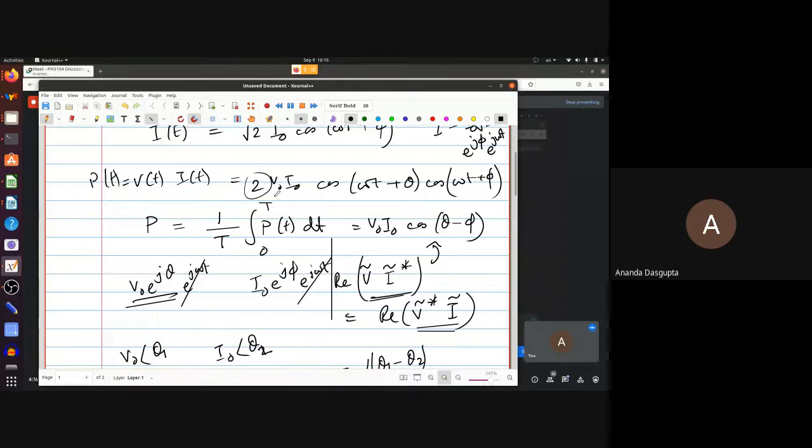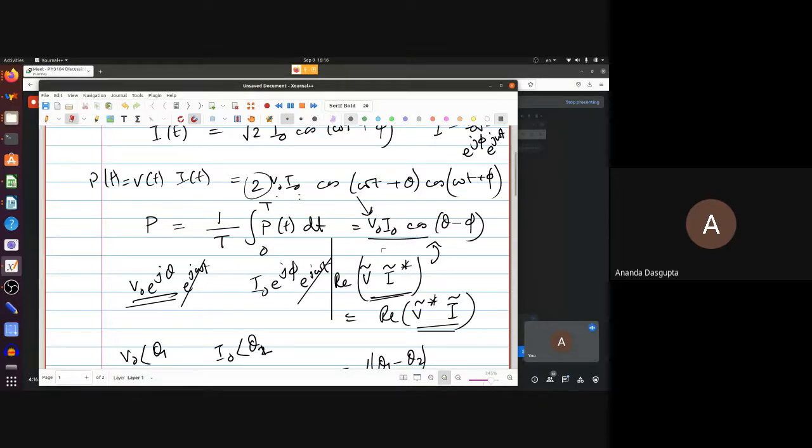Okay, so this 2 is there only because this V0, this I0 is the RMS. If they were the RMS, then this 2 would cancel out and you would get exactly V0, I0. If this V0 and I0, instead of being RMS, were actual peak values, then there would be a by 2. So you have to be a bit careful. You have to rely on what exactly is being given.